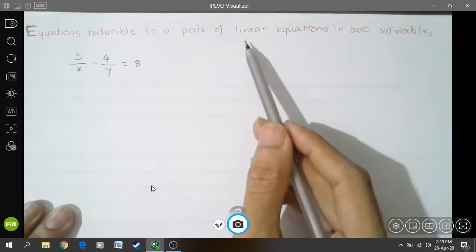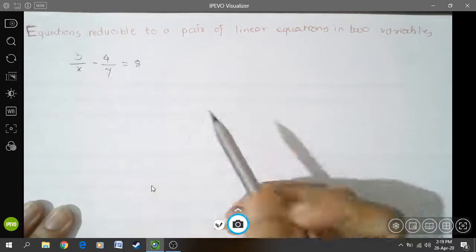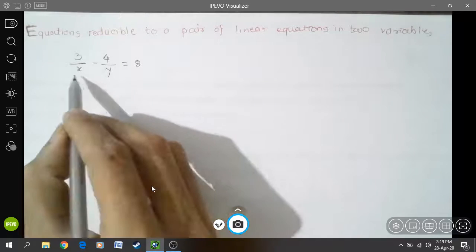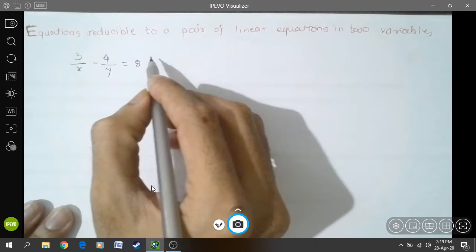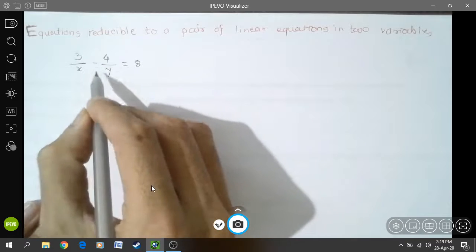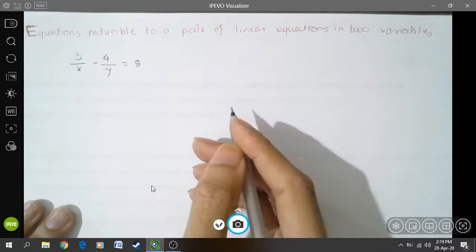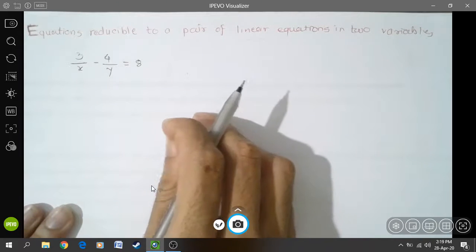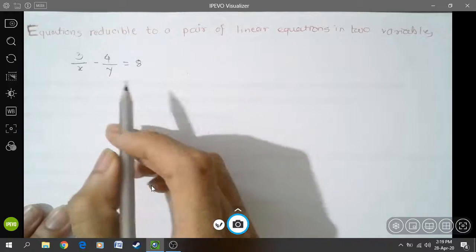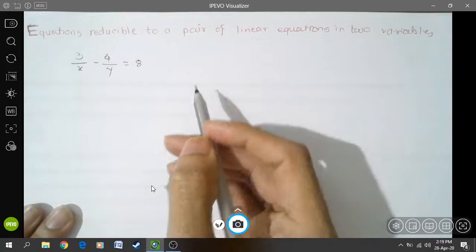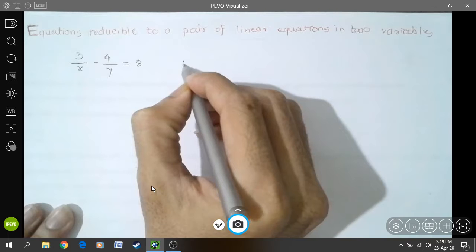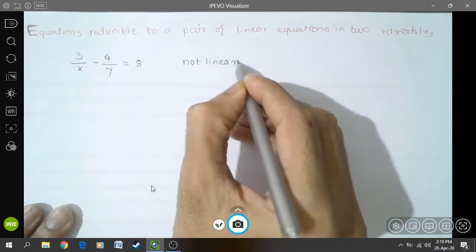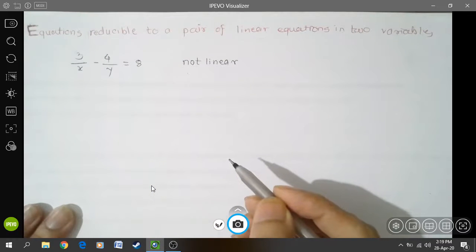What is meant by linear is that they must have power or degree 1. They have degree minus 1, not 1. 1 by x can be written as x raised to minus 1. So they do not have the linear degree, so we cannot call them linear, even if they have two variables.